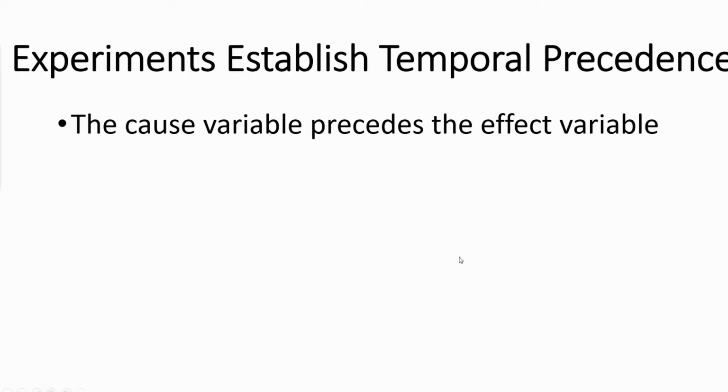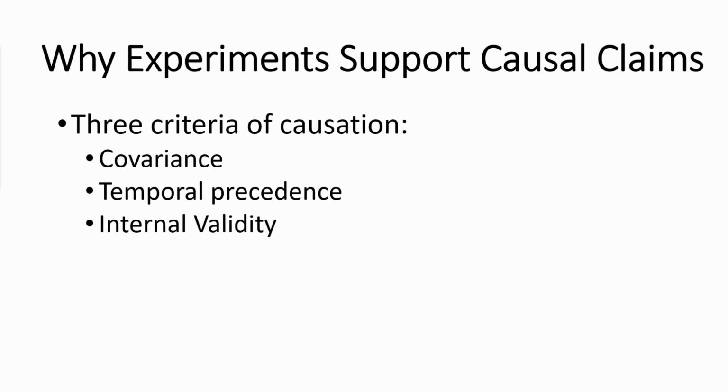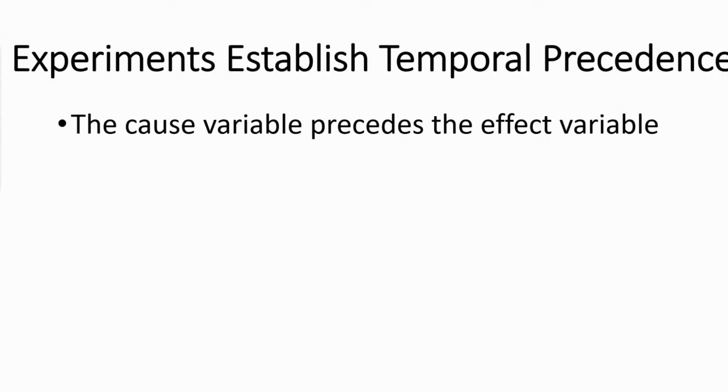All right, so our next of the three validities, we are in, make sure I say it right, our three criteria for causation. Everything has a name. So our second of the three criteria is establishing temporal precedence. And this one's actually pretty easy for experiments because you are controlling when people are exposed to things.